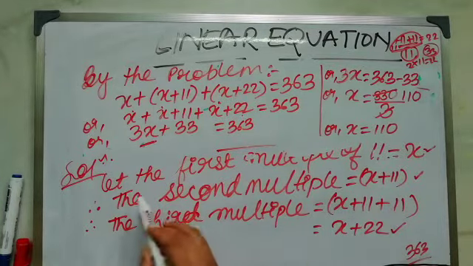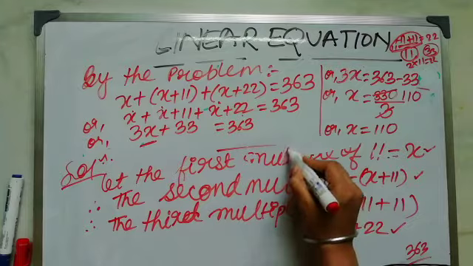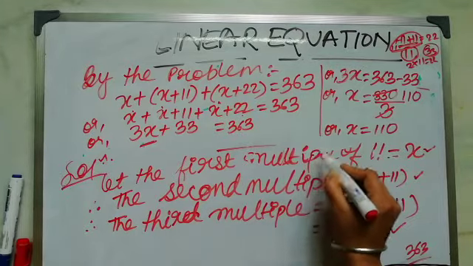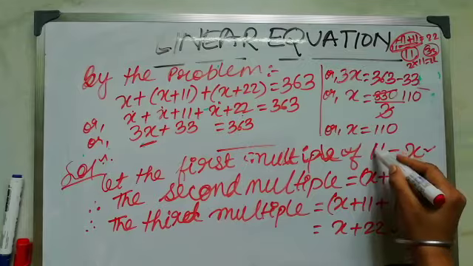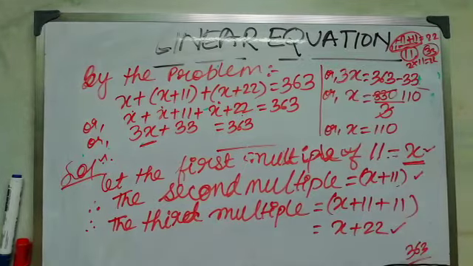Now see, the first multiple of 11 we considered as x, fine.